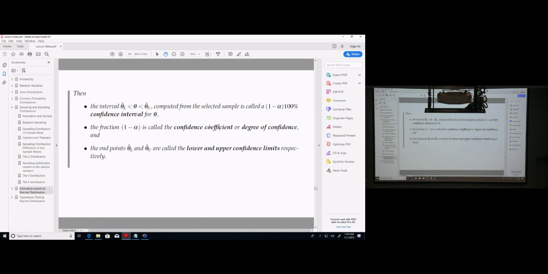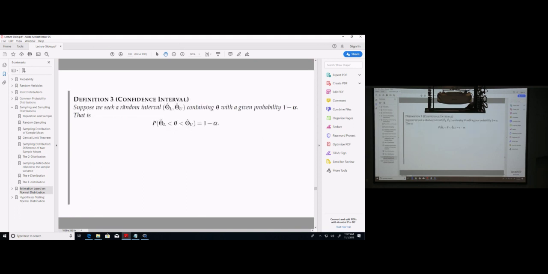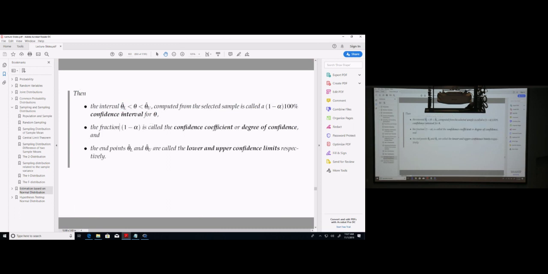Now once you have computed it, we switch to lowercase. This is the difference: over here, we use the uppercase, which represents a formula. And here, after you substitute the sample numbers that you collect into the formula, you get a number. So we revert back to the lowercase, but to distinguish it from the parameter, we have a hat here.